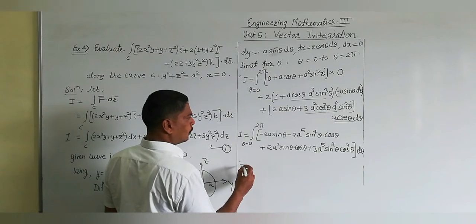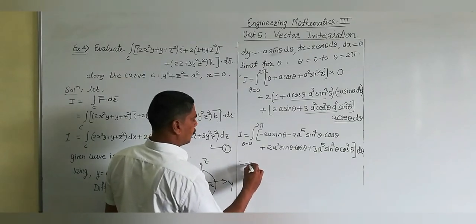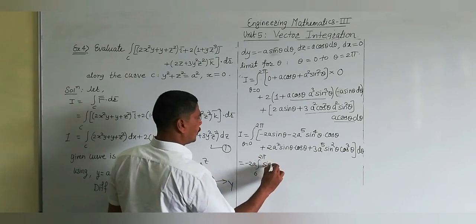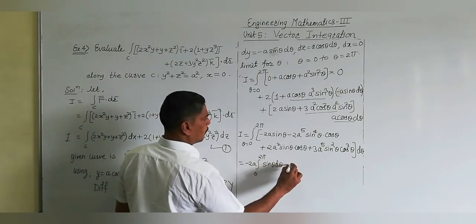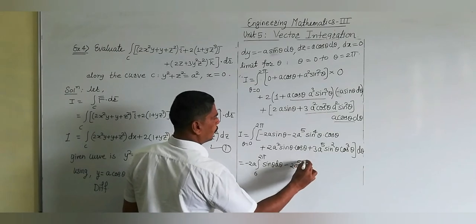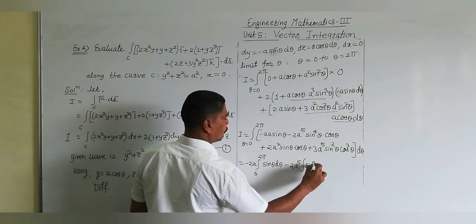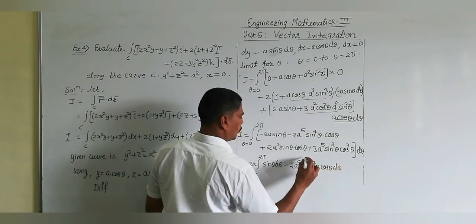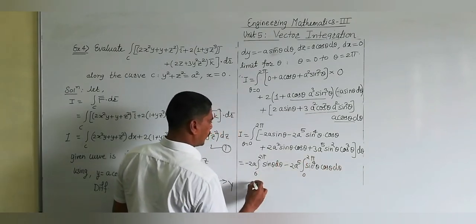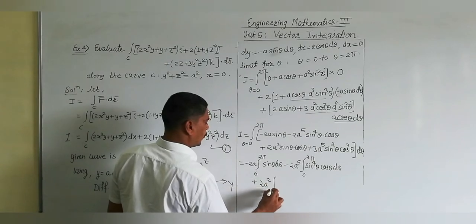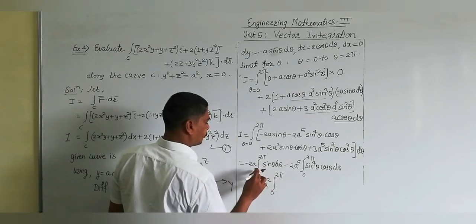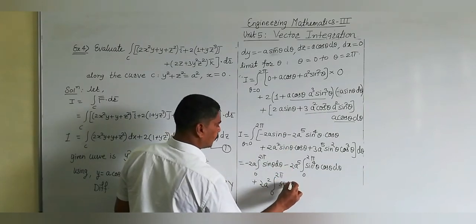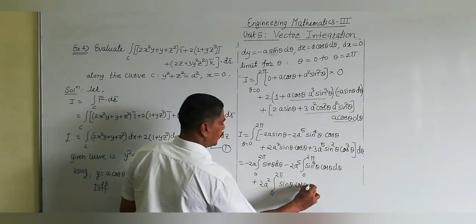separating this integral, we get minus 2a integration 0 to 2 pi sine theta d theta, then minus 2a raised to 5 integration sine raised to 4 theta cos theta d theta, 0 to 2 pi, then plus 2a squared integration 0 to 2 pi sine theta into cos theta d theta.